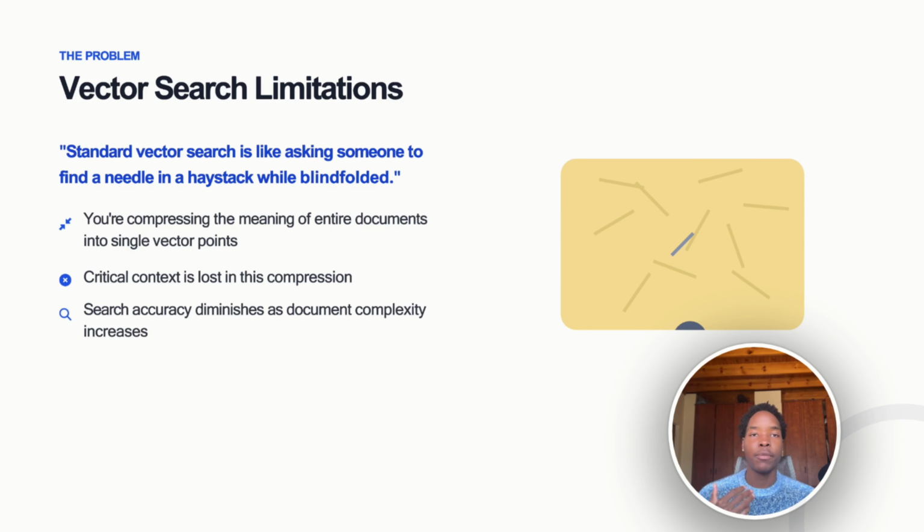You might get a different San Francisco. I don't know if there's a different San Francisco in the world, but you kind of get the idea. It'll lose context, and search accuracy diminishes as the document complexity increases. And that kind of makes sense. If there are more pages in the Google search, it'll get more confused about what information it should actually give back to me. So that's the vector search limitations.